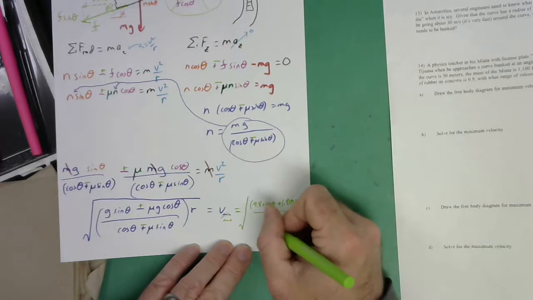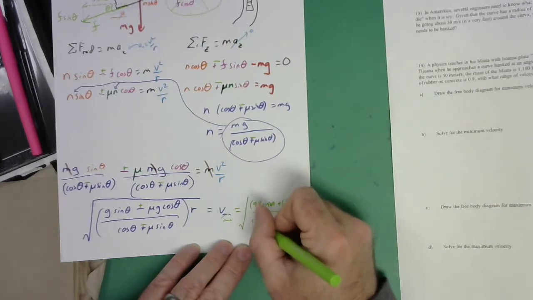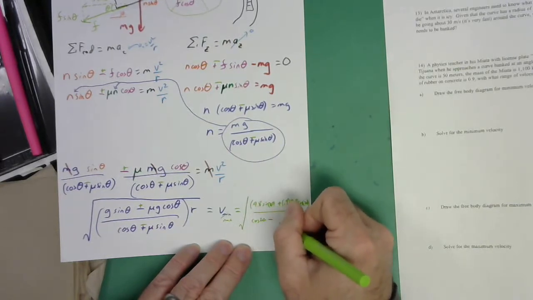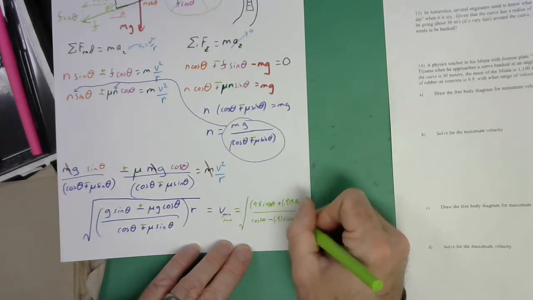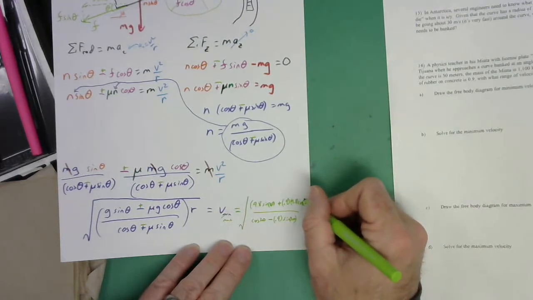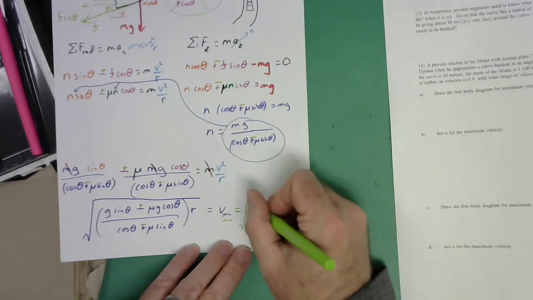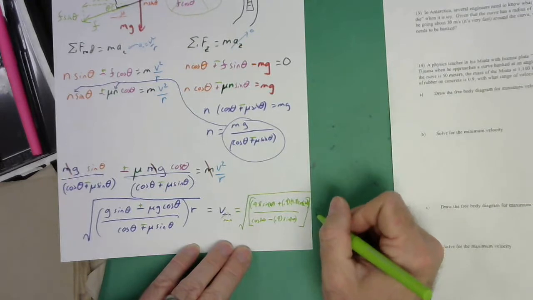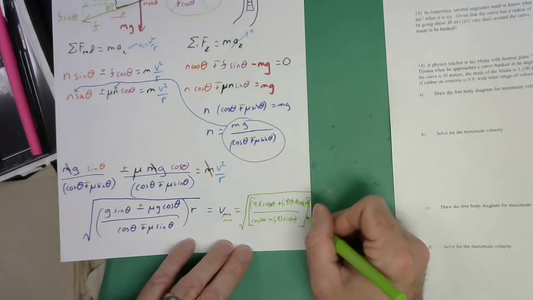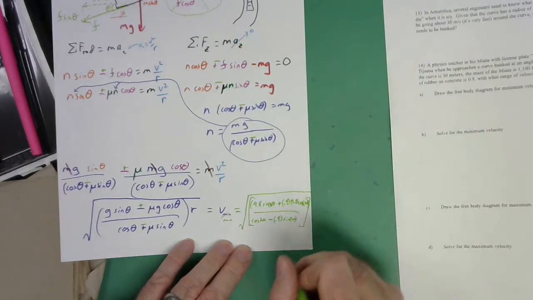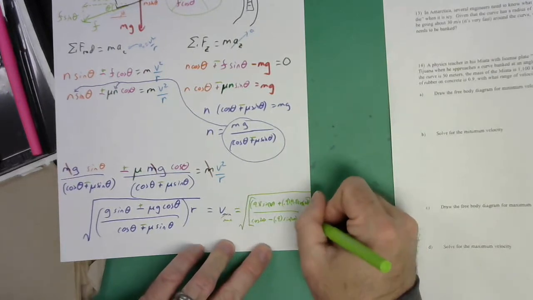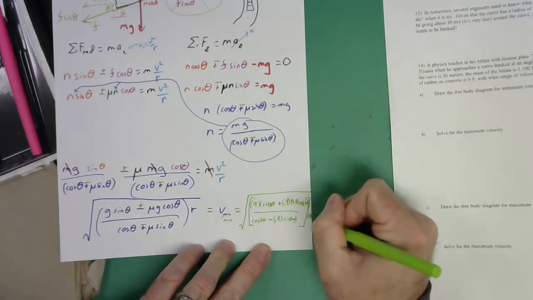I'm going to divide that by cosine of 20 minus 0.9 sine of 20. And don't forget that radius is under the radical, okay? All this is under the radical. And the radius I'm multiplying by is, the radius of the turn, is it 50 meters? It is. Okay, so this times 50.